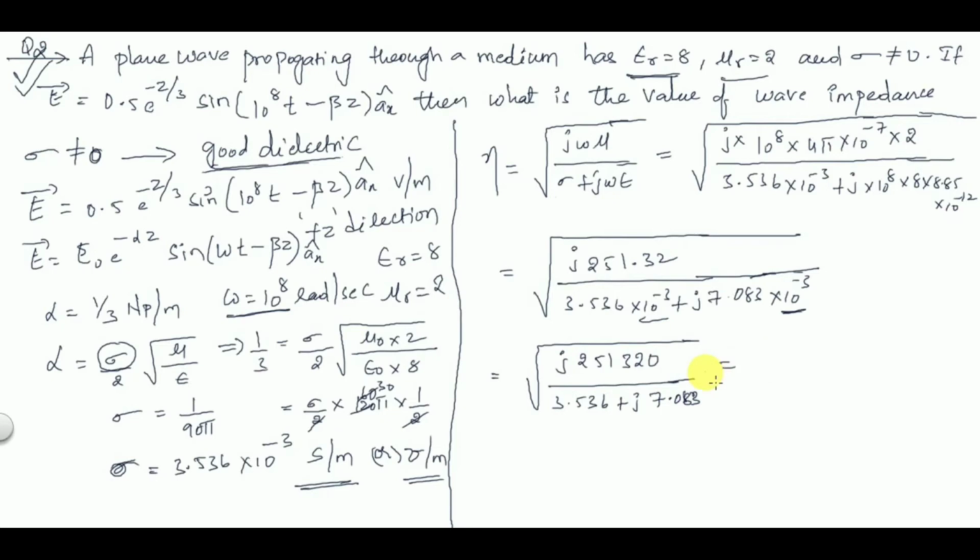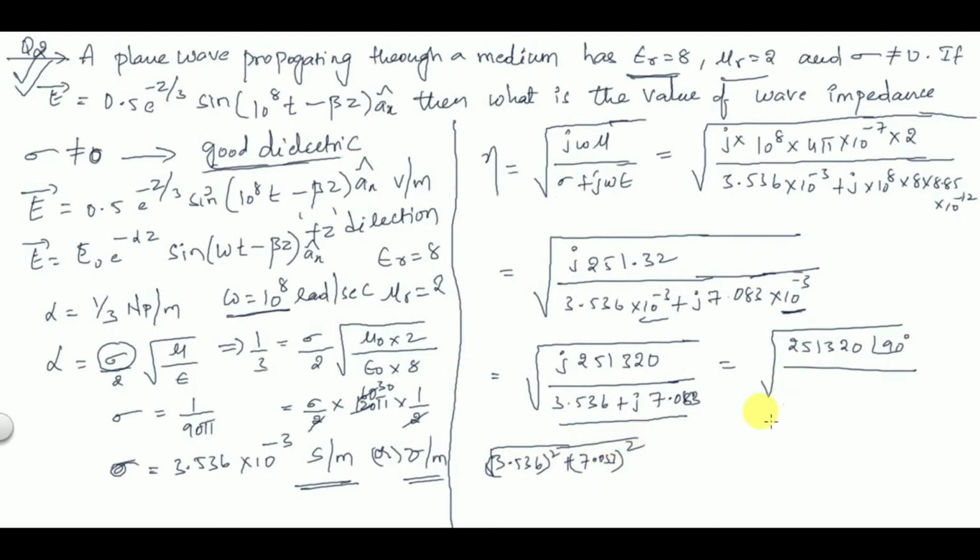Okay, representing these two in polar form, what you will get? Under root of 251320 angle of 90 degrees divided by, if you represent this also in polar form, square root of 3.536 whole square plus 7.083 whole square.